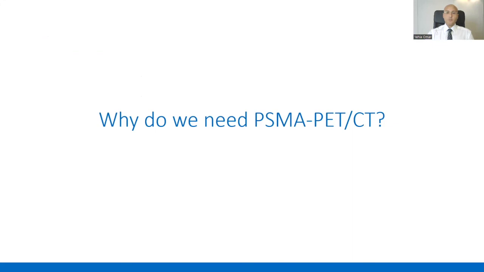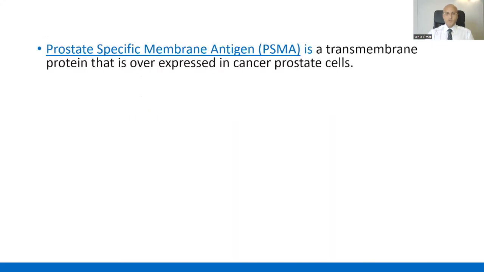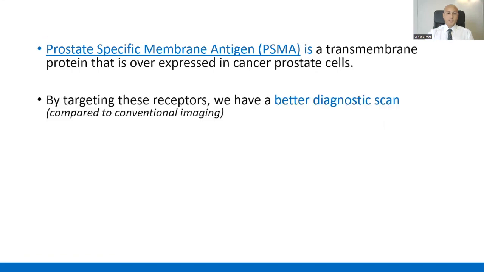Why do we need PSMA PET-CT? PSMA, as you all know, is short for prostate-specific membrane antigen, and it is a transmembrane protein that is overexpressed in cancer prostate cells. And by targeting these receptors on cancer cells, we can have a much better diagnostic scan compared to conventional imaging as CT and MRI.